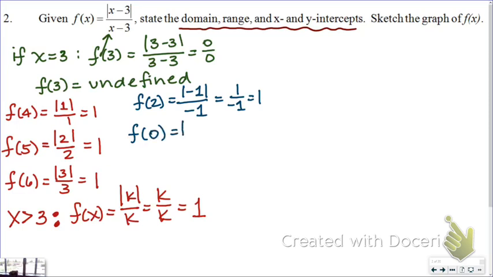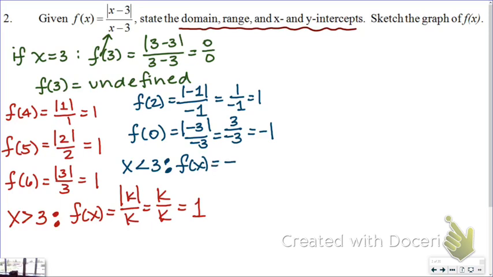I'm going to get the absolute value of negative 3 over negative 3, or let me fix that. 3 over negative 3, which is negative 1. So now what I'm saying is, if x is less than 3, then I'm going to get f of x equaling negative 1. Okay?